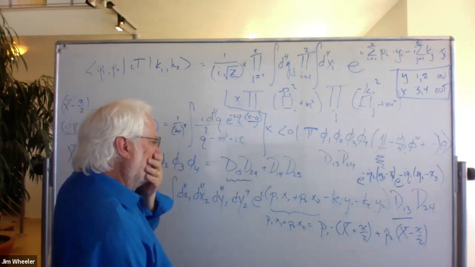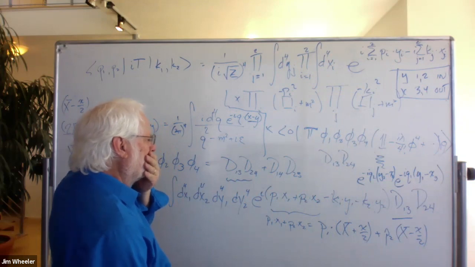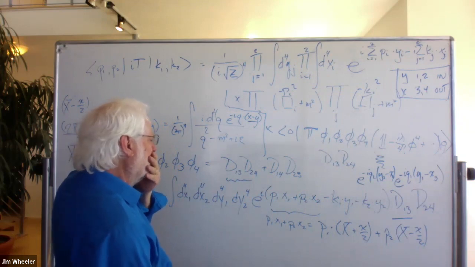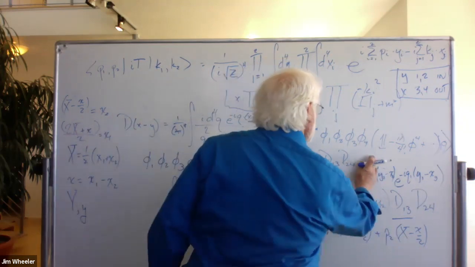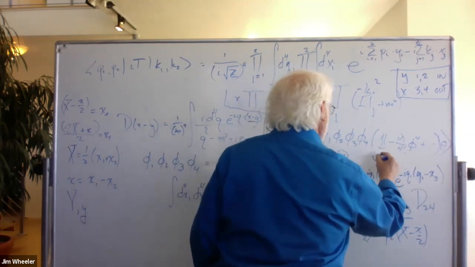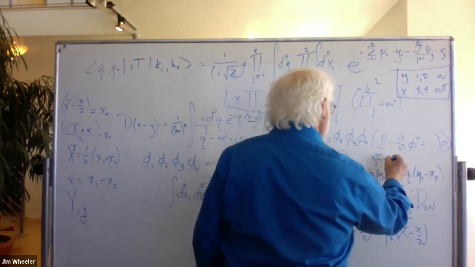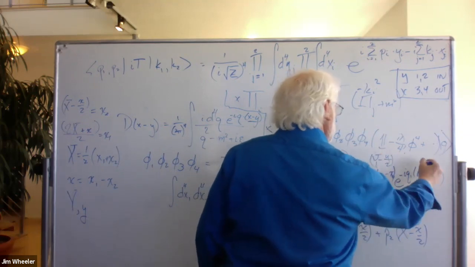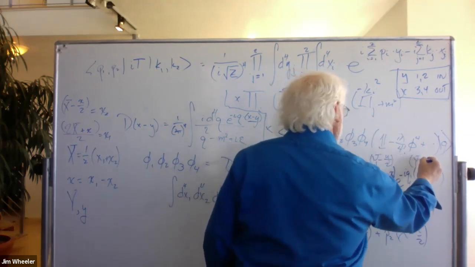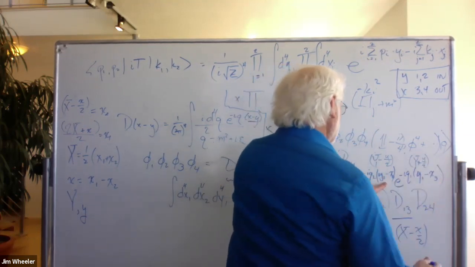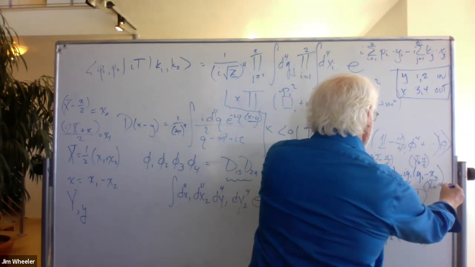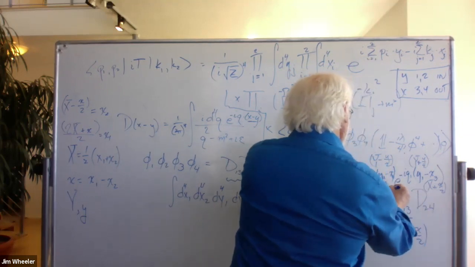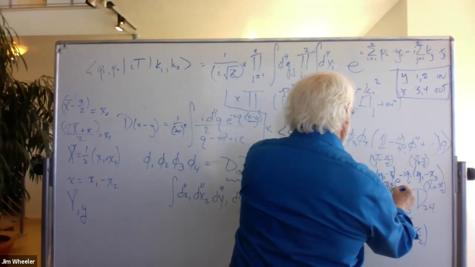So the Y's get replaced by a capital Y. This will be minus little y over 2. This will be a capital Y plus little y over 2. And then the x's, this will be a capital X plus little x over 2. This will be a capital X minus little x over 2.